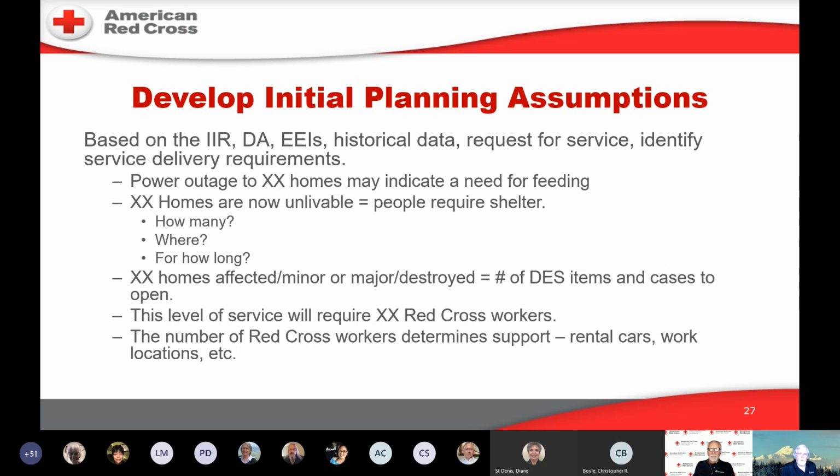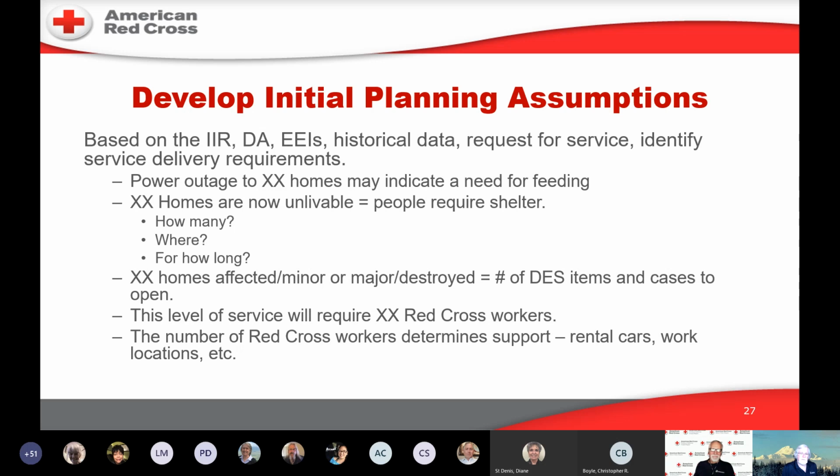So when you are doing your initial plan, this enables you then to get an idea of just what you may need on that DR for that region based upon past experience. Carl keeps telling me someday he's going to let me see what that part of the service delivery plan looks like.